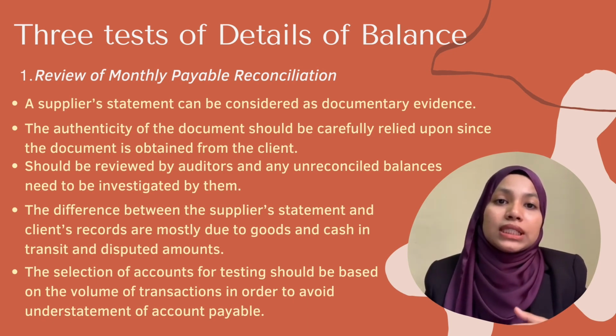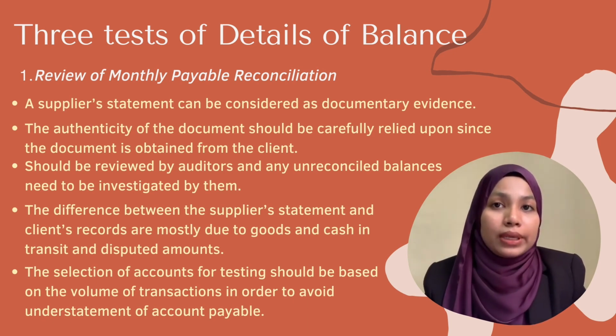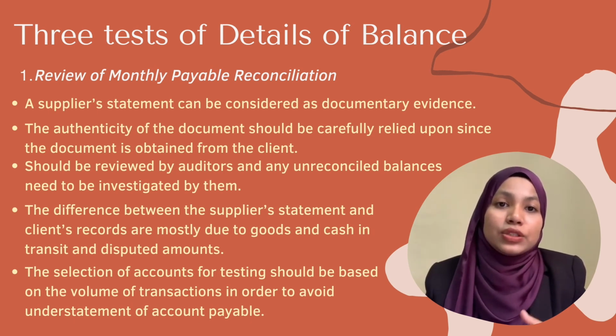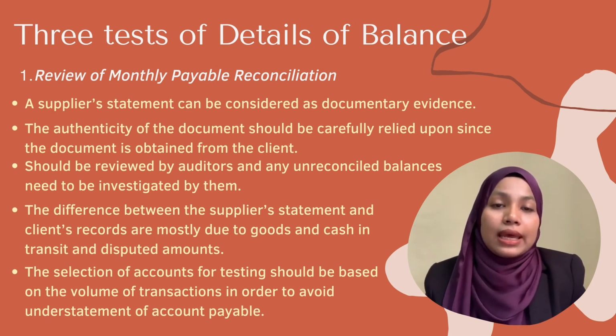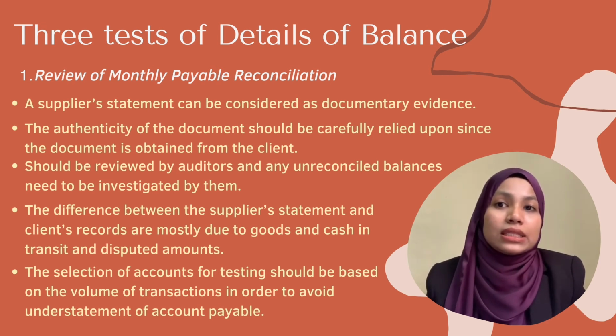Monthly payable reconciliation is a supplier statement that can be considered as a documentary evidence, but the authenticity of the document should be carefully relied upon since the document is obtained from the client. The reconciliation prepared by the client should be reviewed by auditors, and any unreconciled balance needs to be investigated by them.